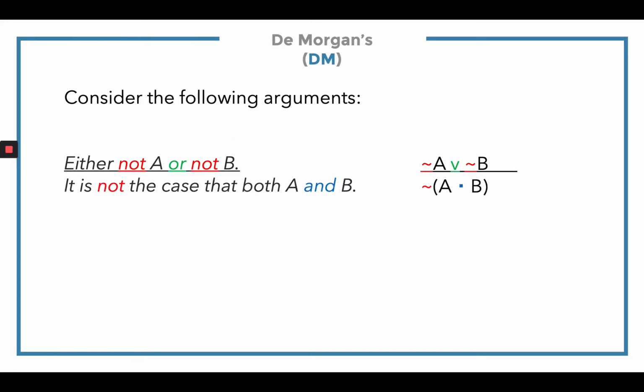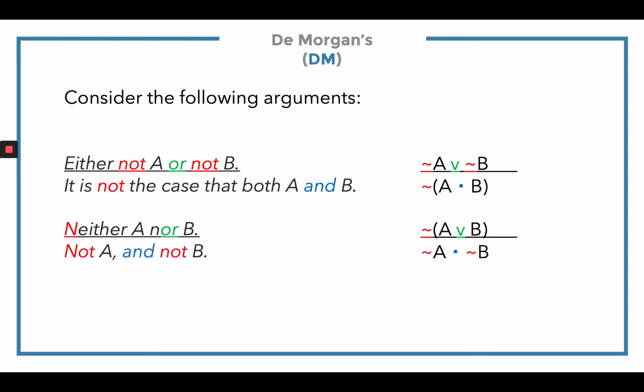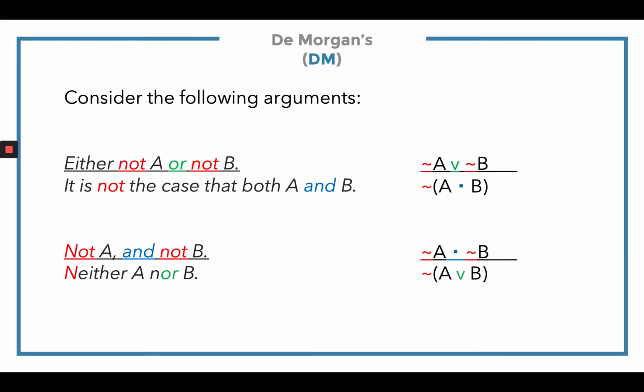So if we have not A or not B, we can conclude that it's not the case that parentheses A and B. Similarly, if we know it's neither A nor B, it's not the case that A or B, that's equivalent to knowing that it's not the case that A and it's not the case that B. And again, we can sort of go both directions. If we know not A and not B, we can infer that it's not the case that parentheses A or B.